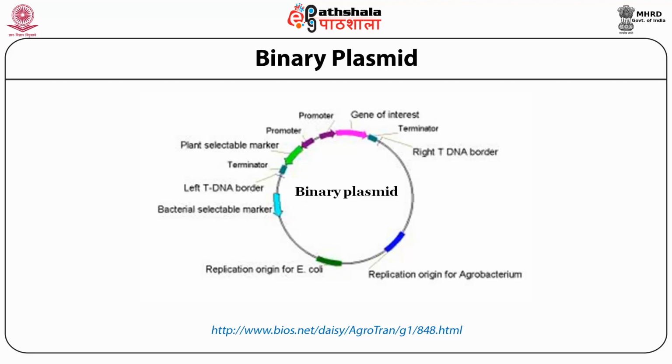In between that, we contain our gene of interest, whatever gene we want to introduce into a plant cell. It also contains the promoter, plant selection marker, which allows us to select or screen only those plants which are having our gene of interest, and also contains a bacterial selection marker. Again, that's an antibiotic which allows it to propagate in E. coli or a bacterial system.